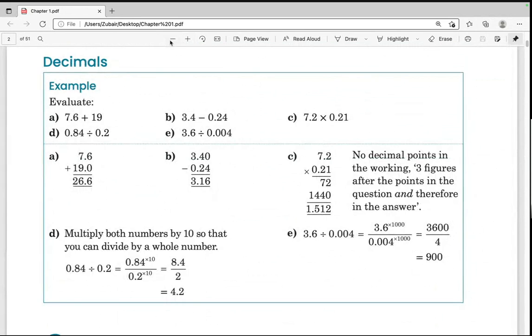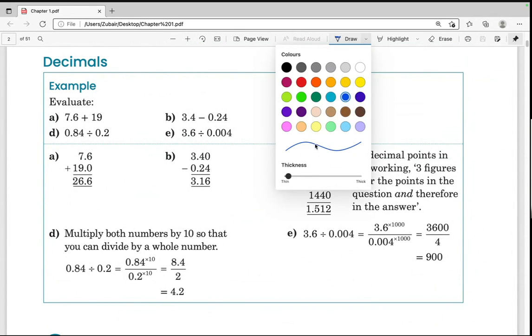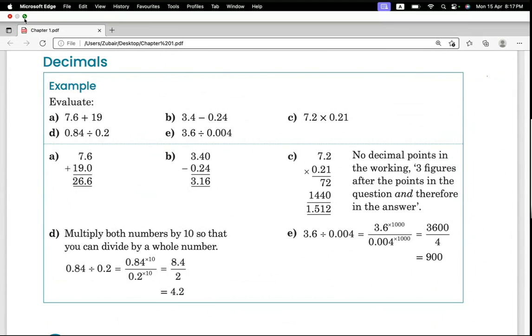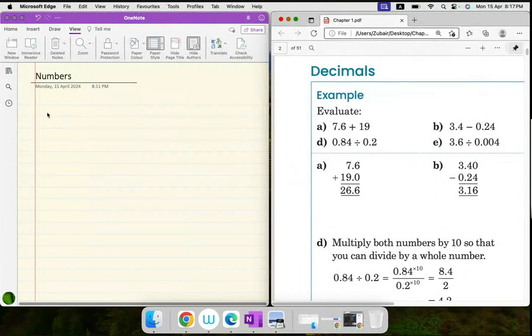When we are dealing with decimals, do you know how to handle these? Yes. We have addition, subtraction, multiplication, and division. Let's quickly do one example. So, for example, the first one, 7.6 plus 19.